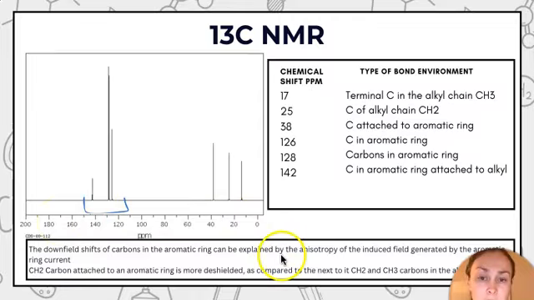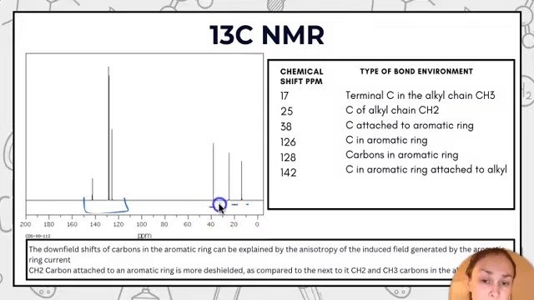Now the downfield shift can be explained by the anisotropy of the induced field generated by the aromatic ring current. And we can also see that we have 3 carbons separate from the aromatic compound, which indicates the alkyl chain.